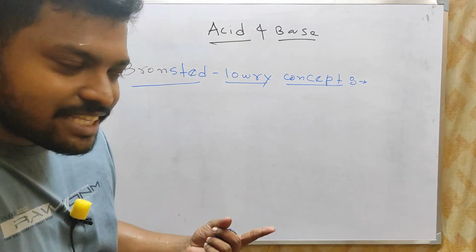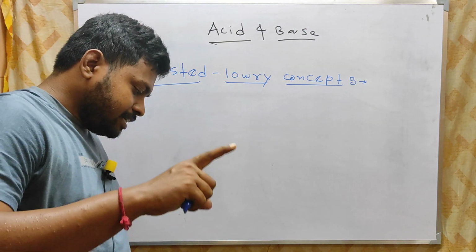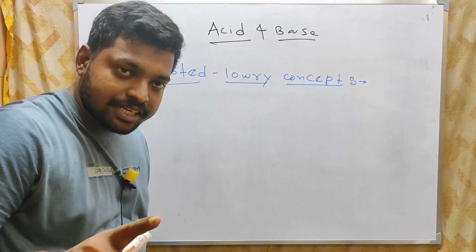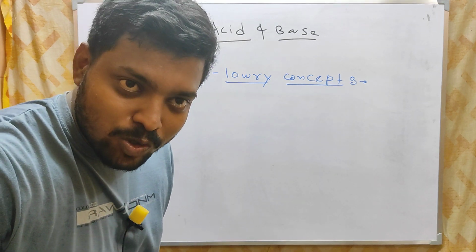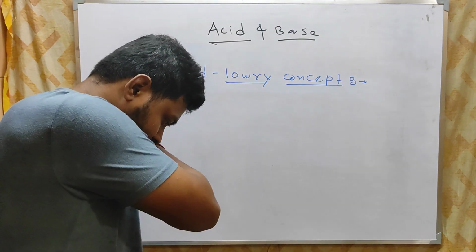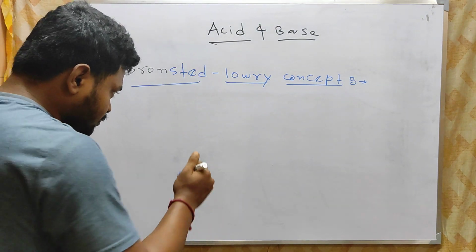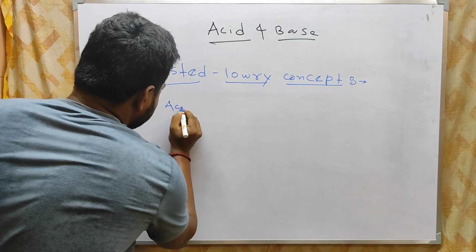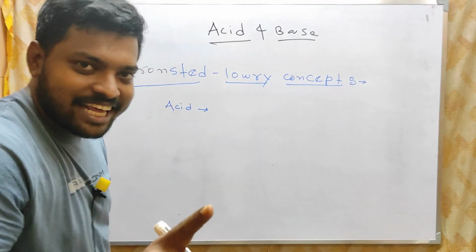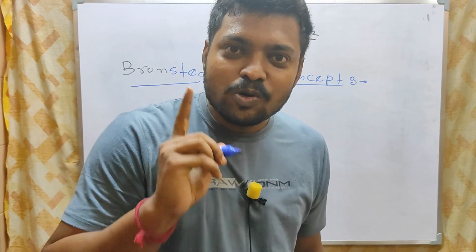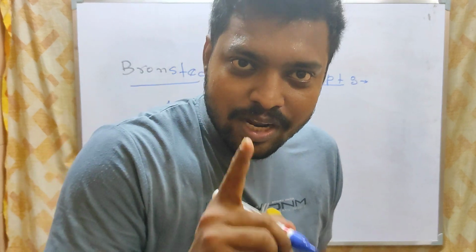Bronsted-Lowry said that acid is a proton donor and base is a proton acceptor. Okay. So what did Bronsted-Lowry say? Acid is a proton donor and base is a proton acceptor.